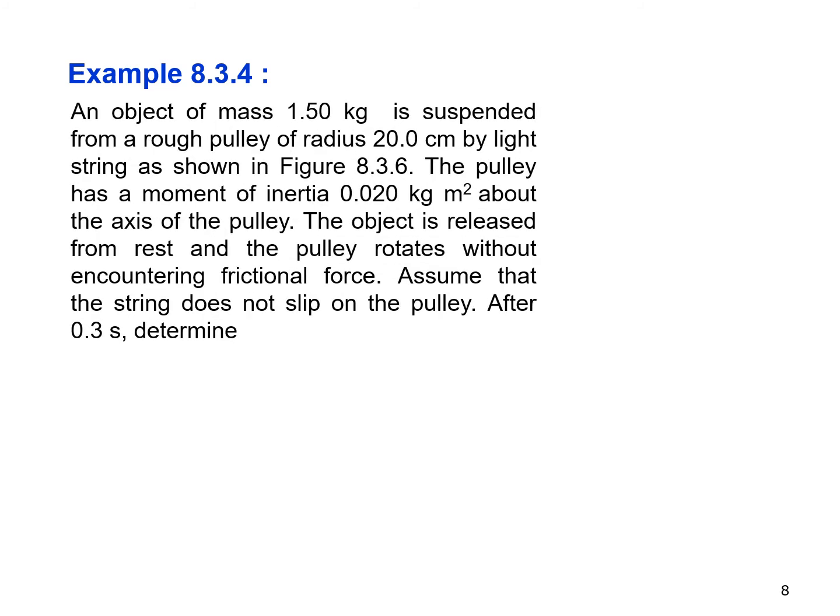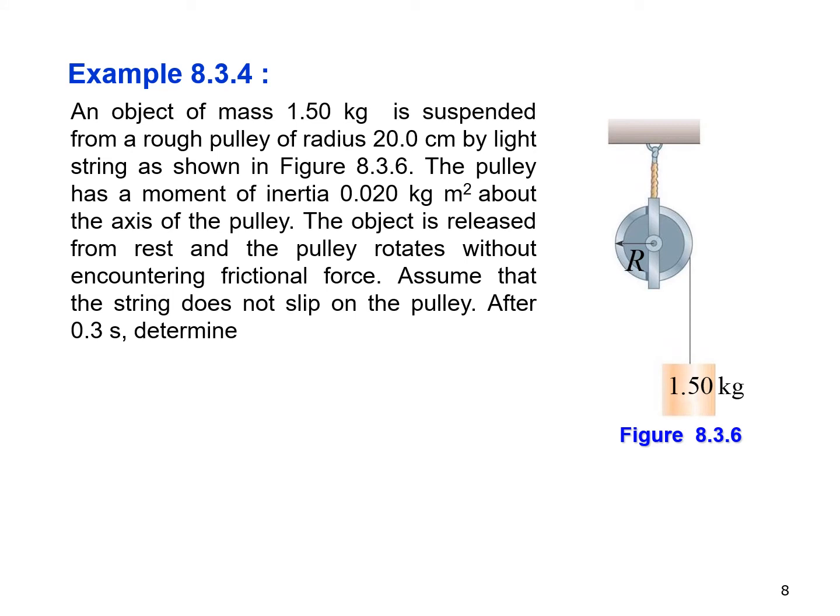This one, you have an object of mass 1.5 kg suspended from a rough pulley of radius 20 cm by a light string, as shown in figure 8.3.6. The pulley has a moment of inertia of 0.02 kilogram meter square about the axis of the pulley. The object is released from rest and the pulley rotates without encountering frictional force.